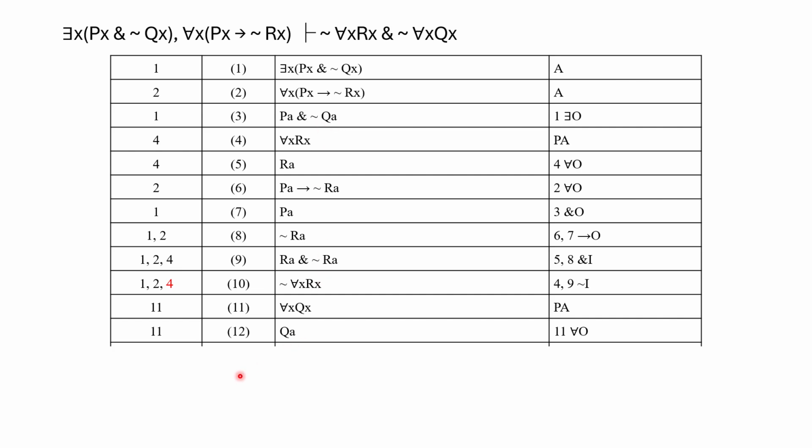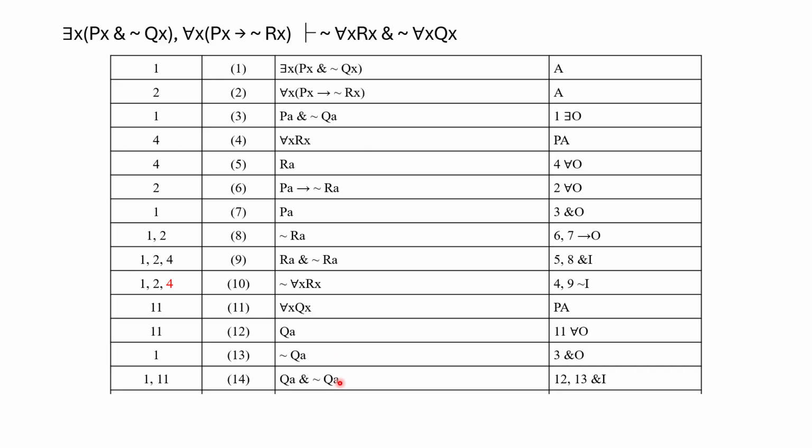So I can pull that out of the derivation that I got from the existentially quantified statement up here. And so I can piece those two together to build my contradiction. So 12 and 13. And then I can just add a tilde to my PA here in 11.